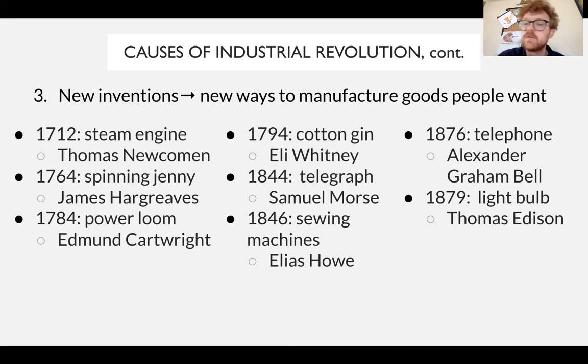You could work a potentially 24-hour day. It is increasing working hours, which therefore increases productivity, which therefore increases profitability. That's the logic there.